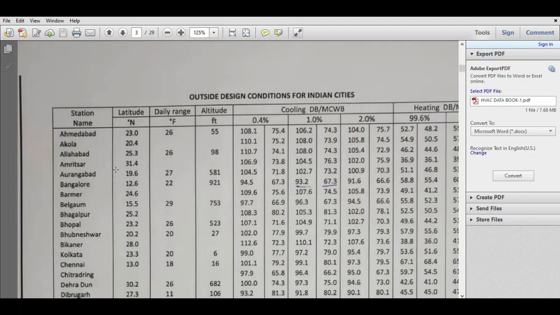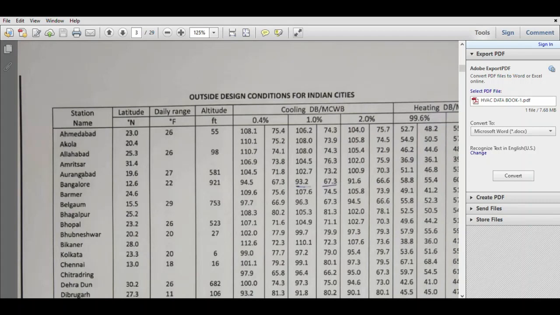The latitude for Bangalore is 12.6 and daily range for Bangalore is 22 and altitude is 921 feet. And for school building I will take 93.2 and 67.3. Here they mention cooling DB and MCWB. So I will take for school building 93.2 as dry bulb temperature and wet bulb temperature is 67.3.